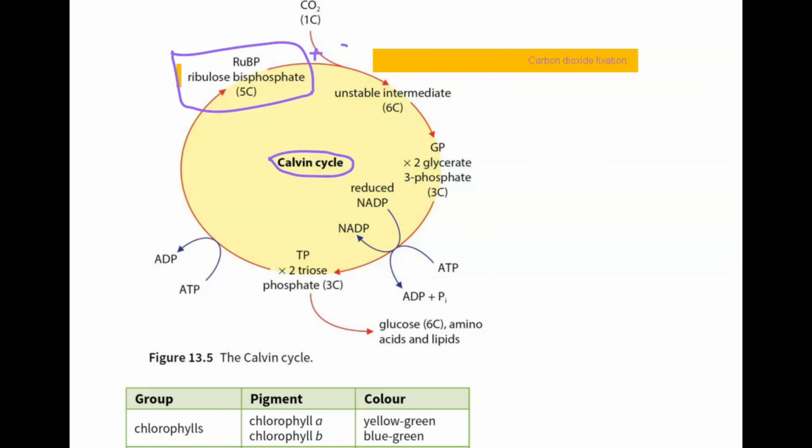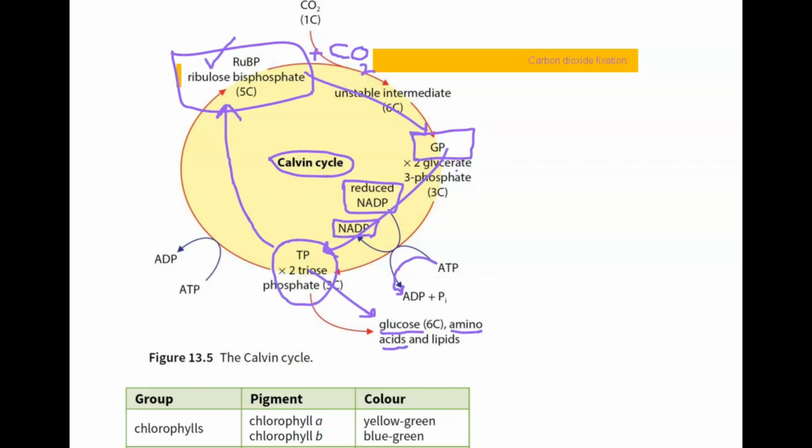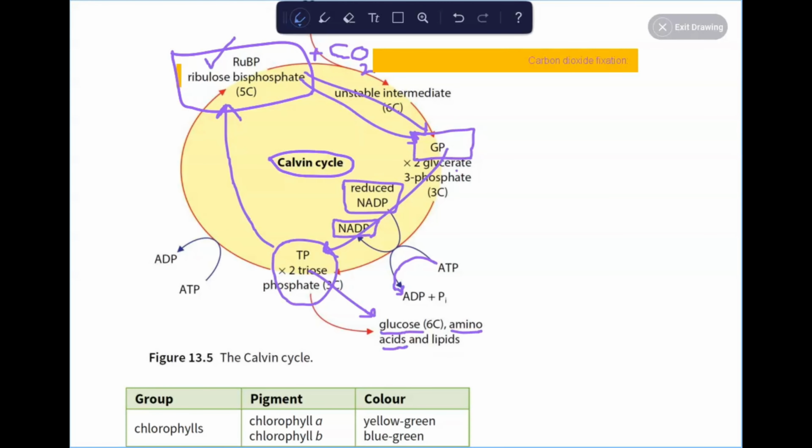So after carbon dioxide fixation, when GP is produced, GP will be converted into TP. This is the second step, during which ATP is used and hydrolyzed into ADP and phosphate. Energy is released here, and this energy is used during this reaction to convert GP.